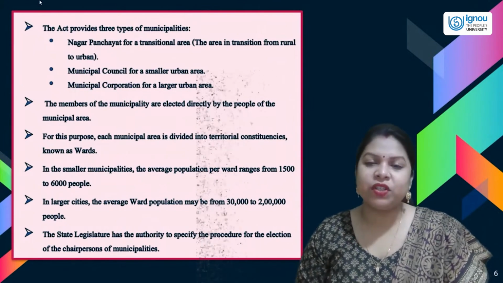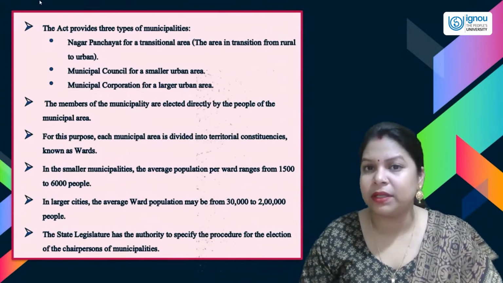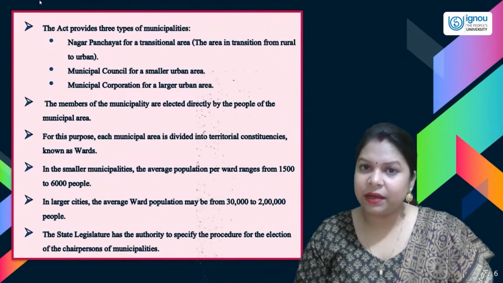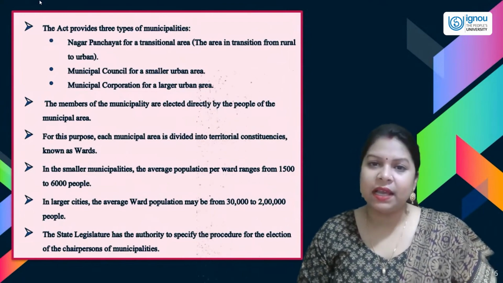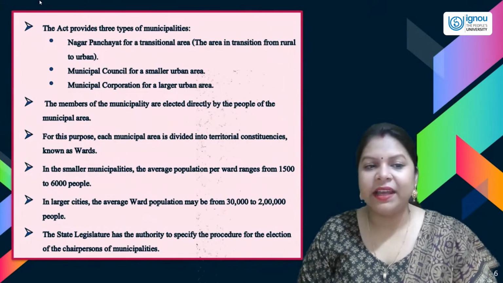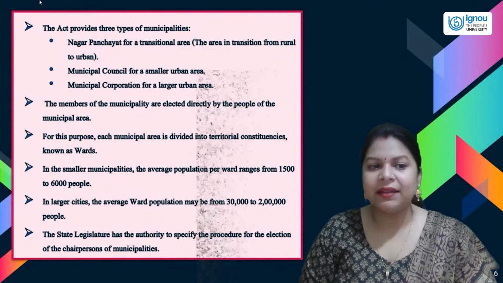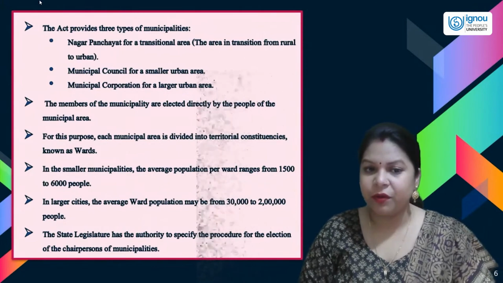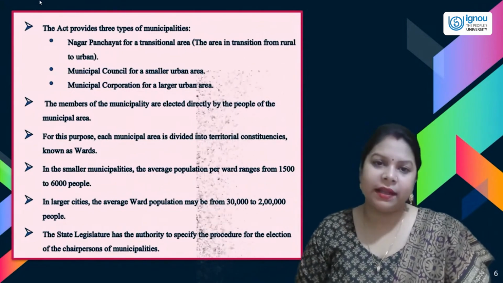The places which are converting from rural to urban, moving towards urbanism, at that point it is the Nagar Panchayat who is taking care of all the things over there. The next is the Municipal Council for a smaller urban area, and then the Municipal Corporation for a larger urban area, like cities such as Delhi and others.